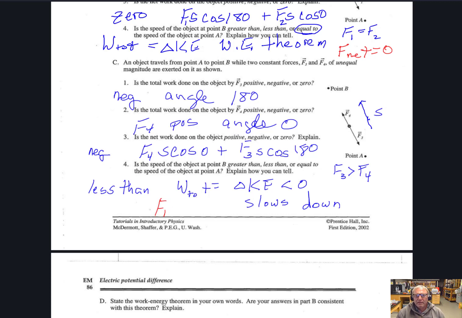F net equals m a, and F net is less than 0, so acceleration is less than 0. Let me make sure.